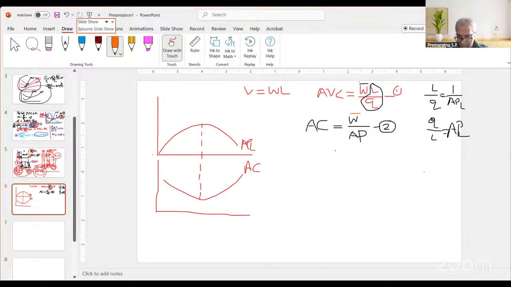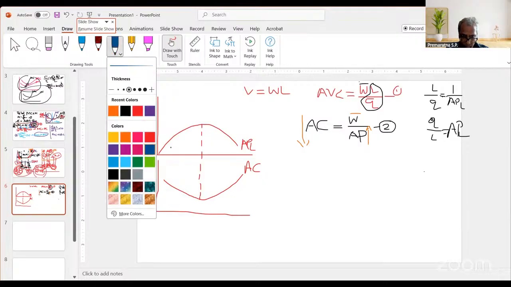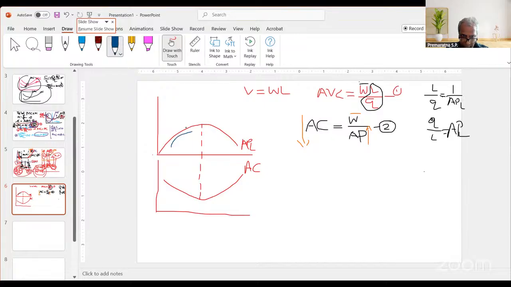Let's say $10. Now when average product increases, the denominator of the equation increases, and since the numerator is constant, this must go down. That exactly happened here. When the average product increases, you see this decreases.